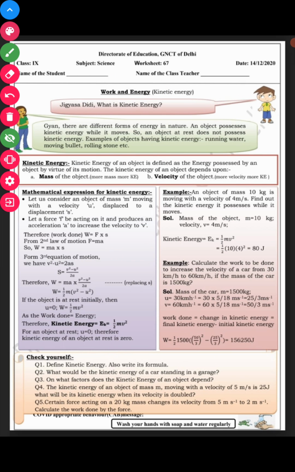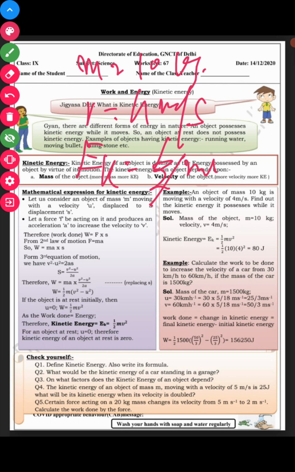Okay, let's do this example. Example first: we have an object of mass 10 kilogram moving with a velocity of 4 meter per second. Find the kinetic energy. We have to find the kinetic energy of the object, half m v square.